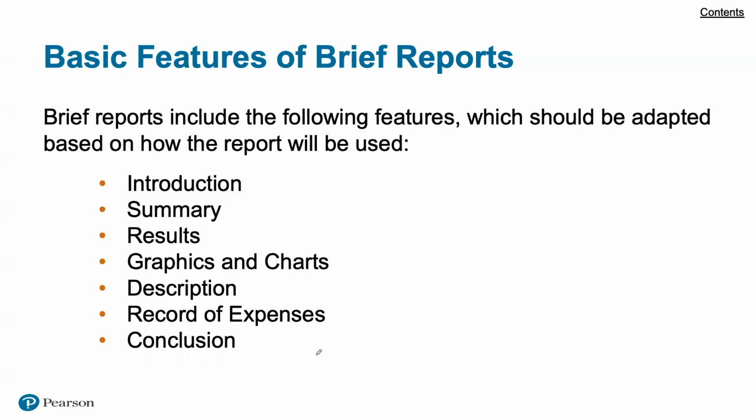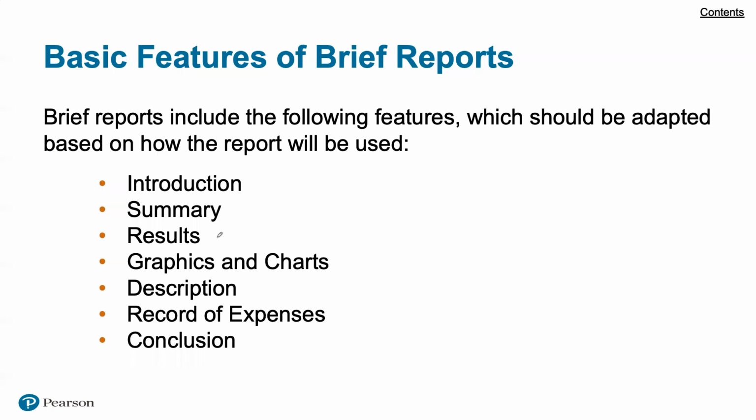So one of the basic features of a brief report: reports include the following features, which should be adopted based on how the report will be used. So you have this type of outline. An introduction, a way of introducing what you're talking about. A summary, the key executive summary findings you want to report.